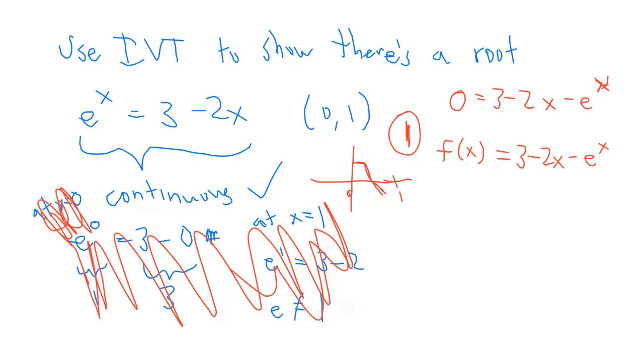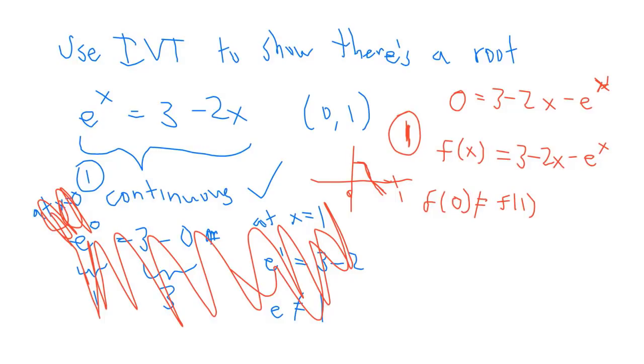And what you'll do there is you'll get condition 1, which is showing that it's continuous. And condition 2 will be showing that f of 0 does not equal f of 1. Because then this isn't specifically the intermediate value theorem, it's a different thing, and it won't really help us. So you show that f of 0 isn't equal to f of 1.